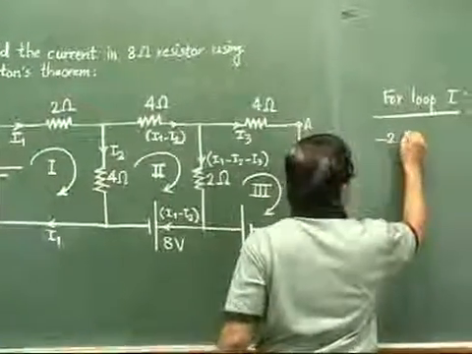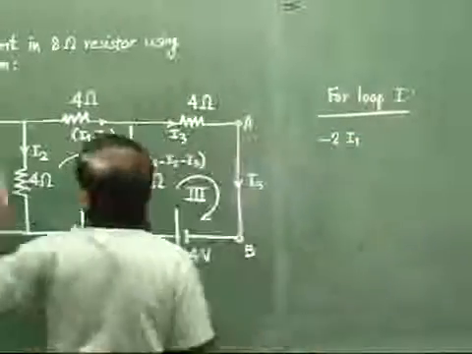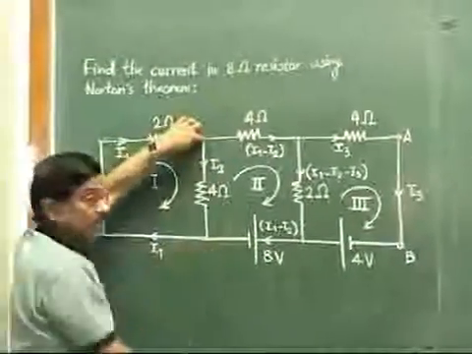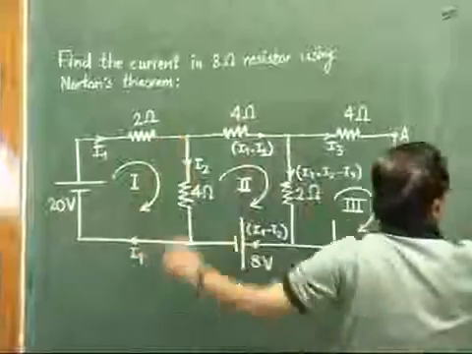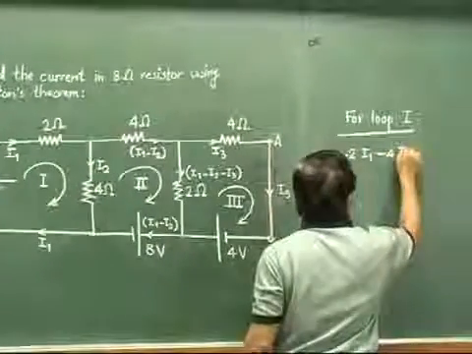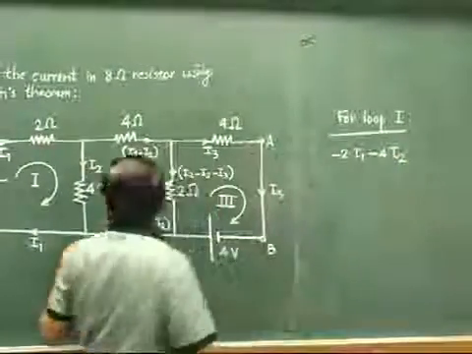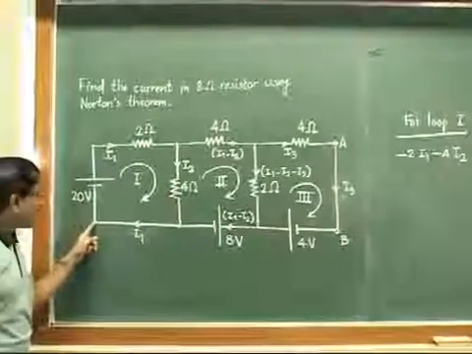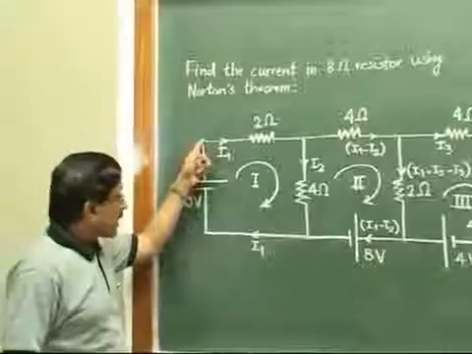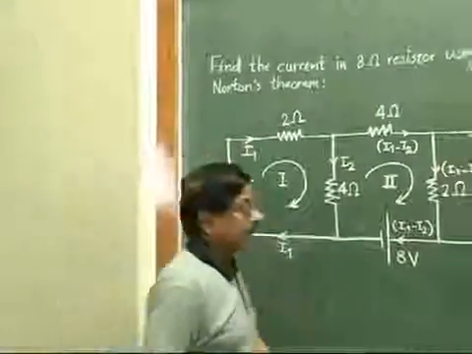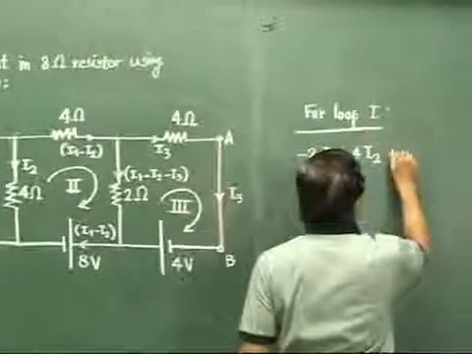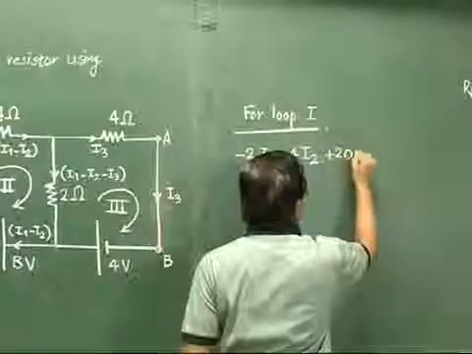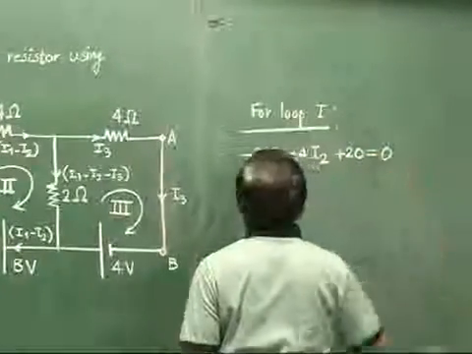Then from this point downwards, it will be minus 4I2. Then from this point left, no component, so no voltage rise or drop. And to the original starting point, it will be plus 20. Now we have traversed the entire loop, and this all must be equal to 0.